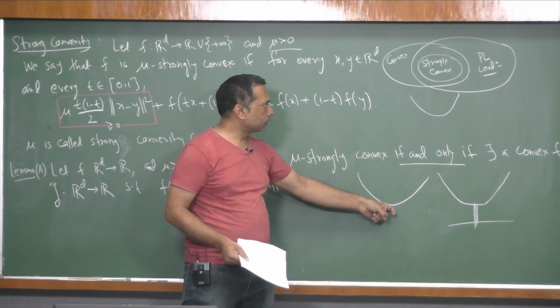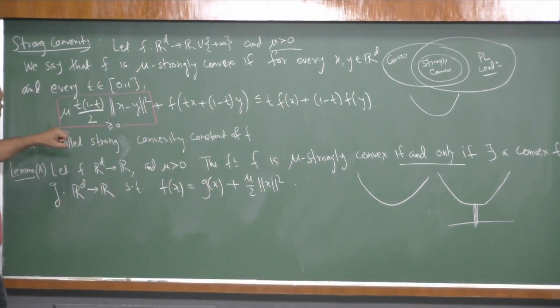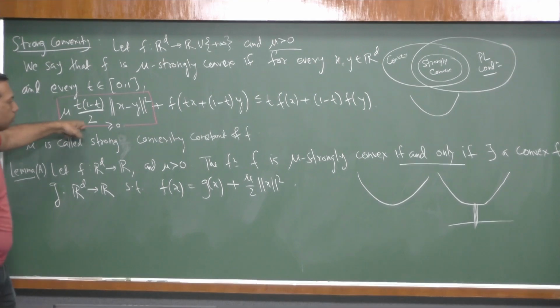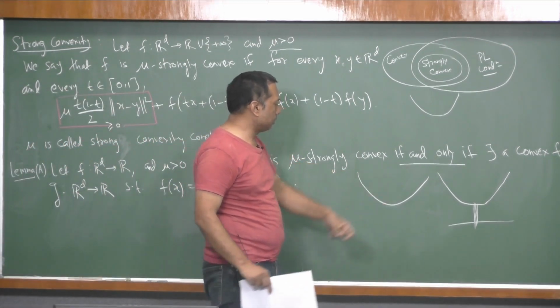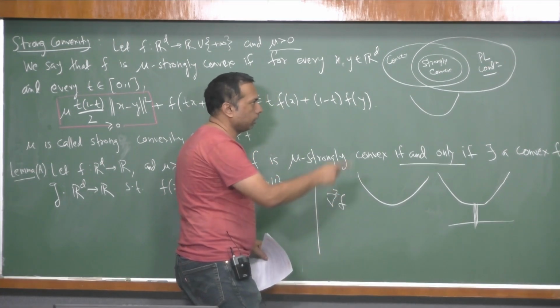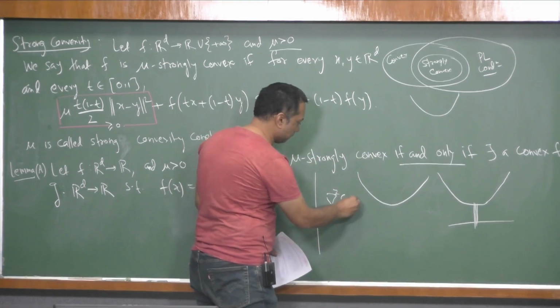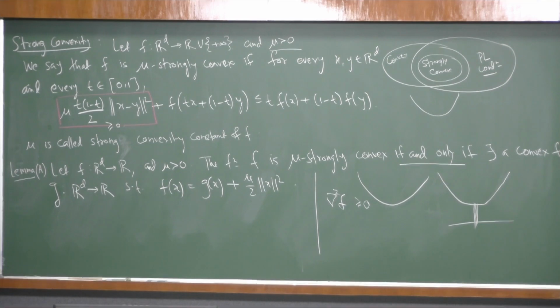So strongly convex means this, and because of the mu, we can also make an argument with the second order convexity, and that tells me that the Hessian in the normal convex case is greater than or equal to 0, meaning some eigenvalues could be 0, and in the strongly convex case, mu is greater than 0.